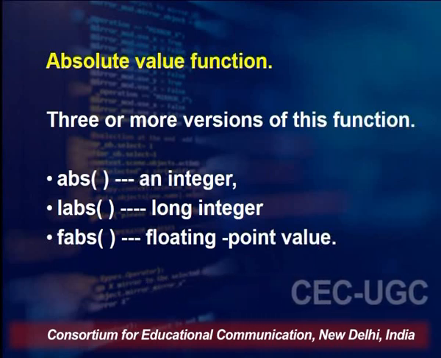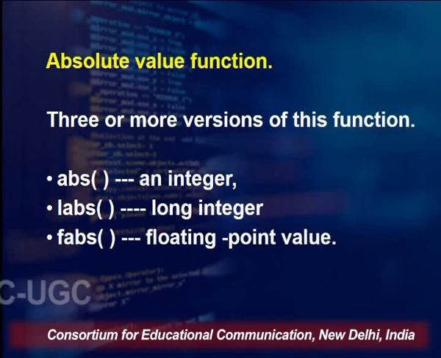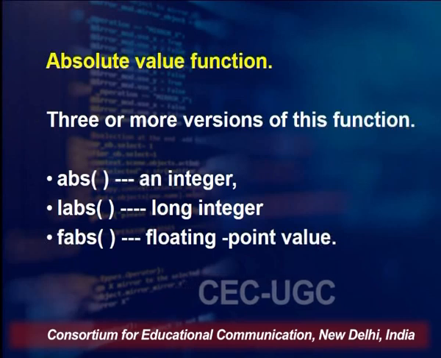Here, the versions of the function are different, ABS, LABS and FABS, but the fundamental task of all these functions is similar, which is giving the absolute value of the parameter they have been passed. So different parameters but same functionality.